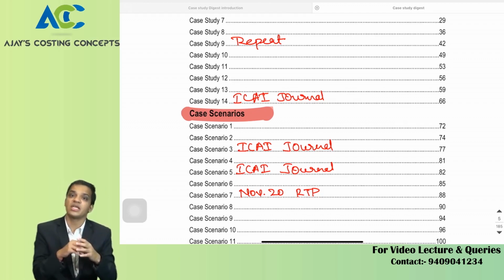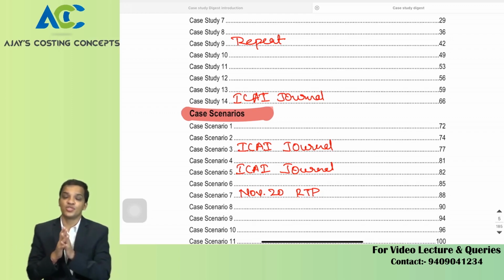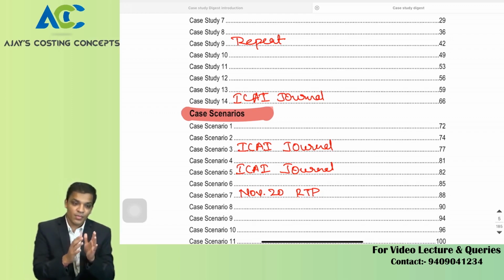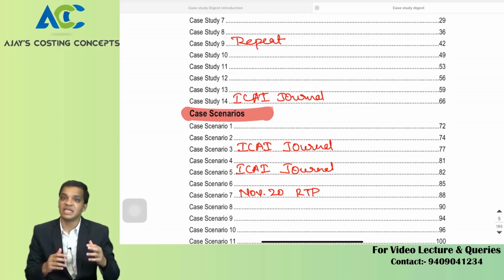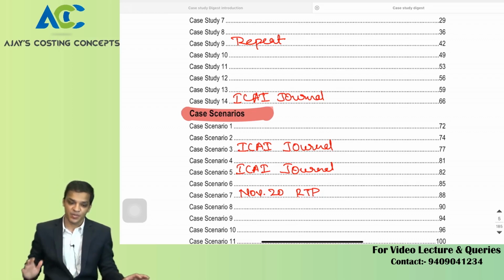We will record what is important when these questions are asked, when these concepts come, what things are to be taken care of, what bullet points should be taken care of, and how the question should be solved, and what should be the difference when a case study is asked. You should come to know in the examination that this is a case study, this is a case scenario, this is skill based, and what the institute is expecting, right?